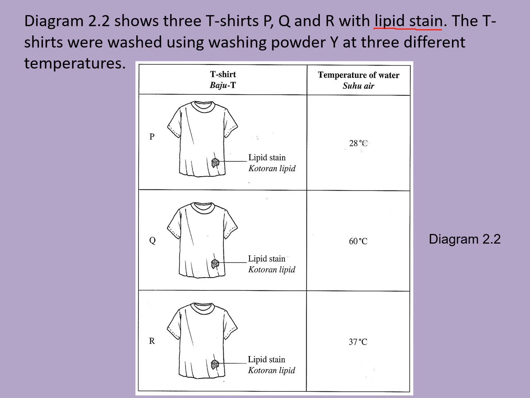The t-shirts were washed using washing powder Y at three different temperatures: t-shirt P with water temperature 28, t-shirt Q 60, t-shirt R 37 degrees Celsius. If you notice here, lipid stains, so the washing powder must contain the enzyme lipase.